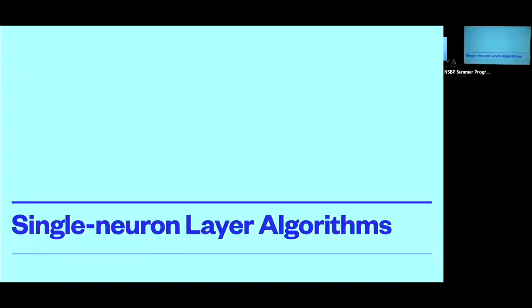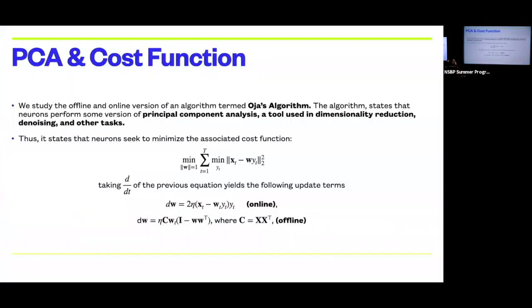And so we go into a brief overview of single neuron layer algorithms. The first one is the OHS algorithm. It, I believe, was published in the 1980s, and it essentially states that neurons do some form of principal component analysis, which is used in dimensionality reduction by essentially taking vectors of a data matrix that best explain, that have the highest covariance, which is a measure of how well it can essentially explain the phenomena going on in the matrix.